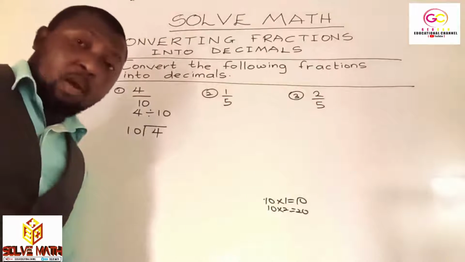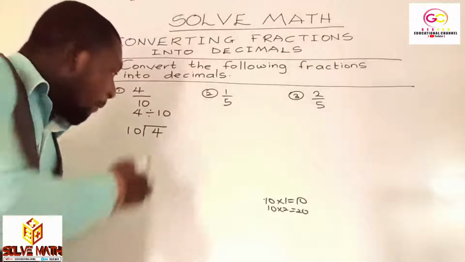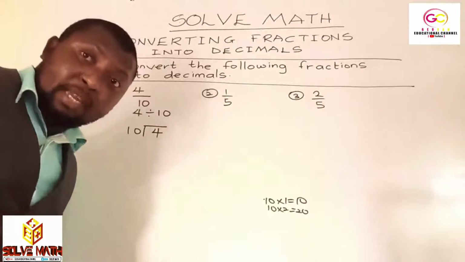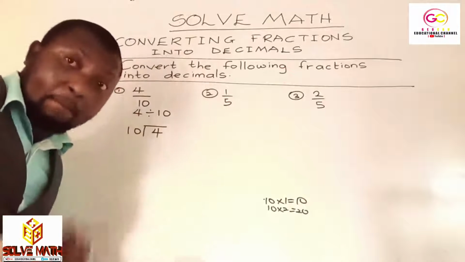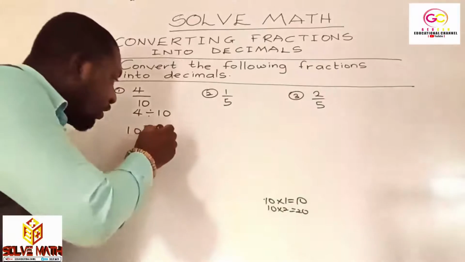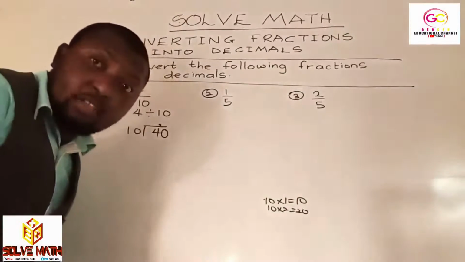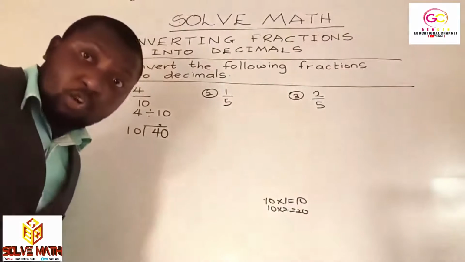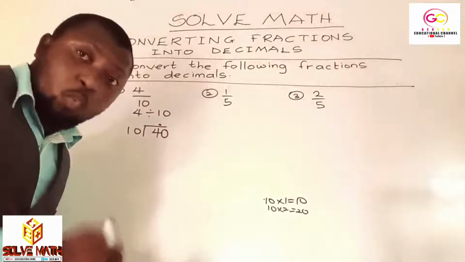So 10 times nothing will give you 4. Now, math has given you the power to make it possible by introducing 0 to the dividend. But when you introduce 0, something else must also be done. You introduce 0 here, and immediately you introduce a point on top there, in order to make it possible for us to work.